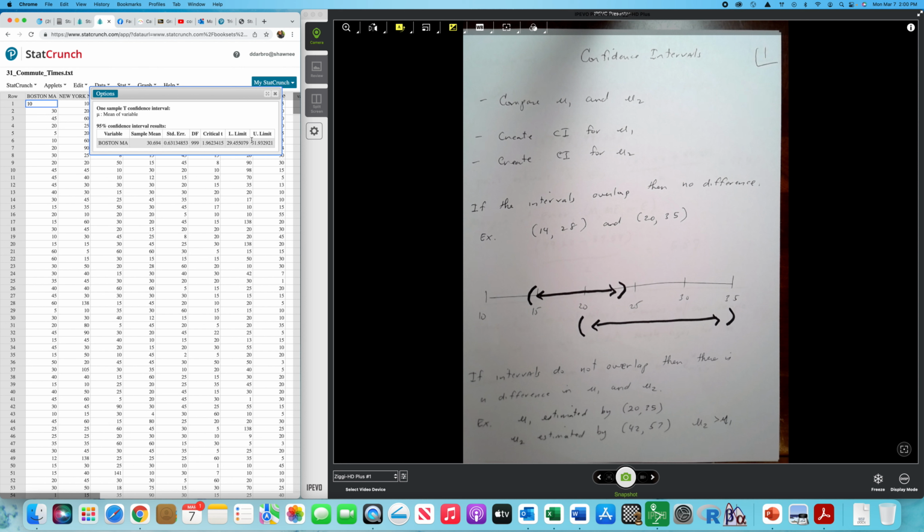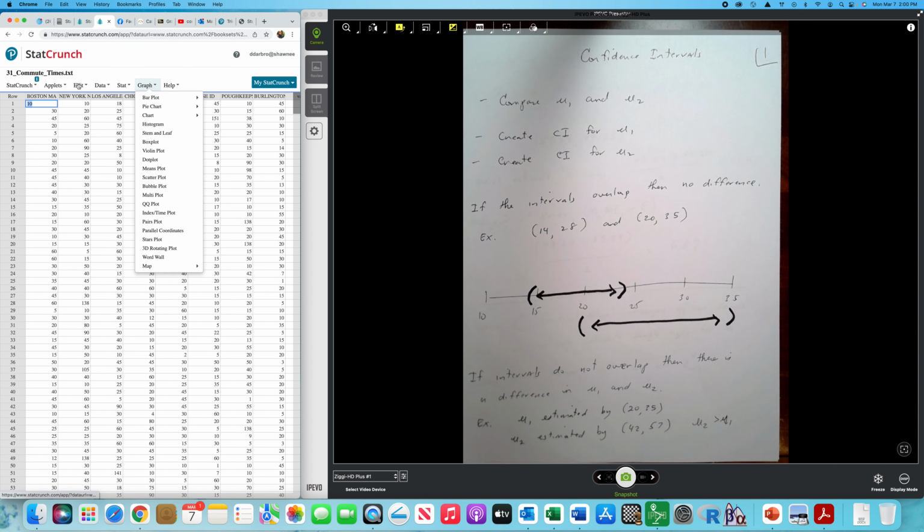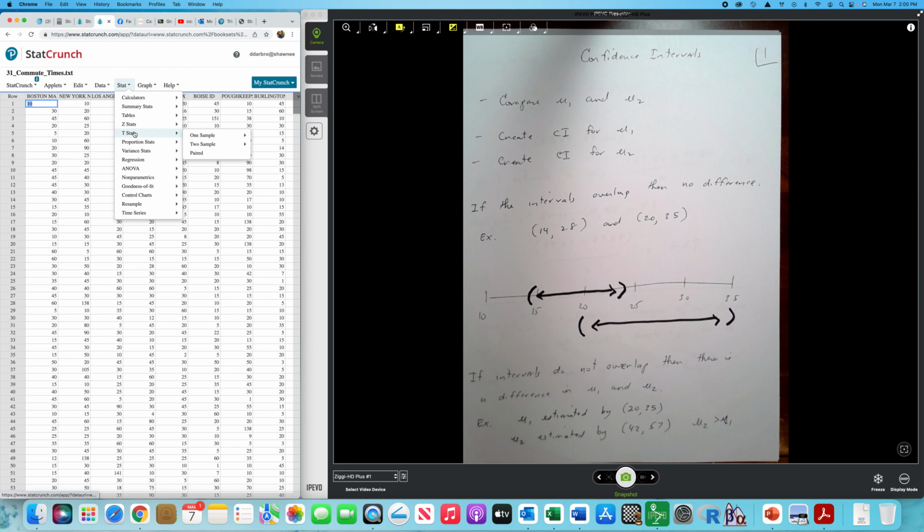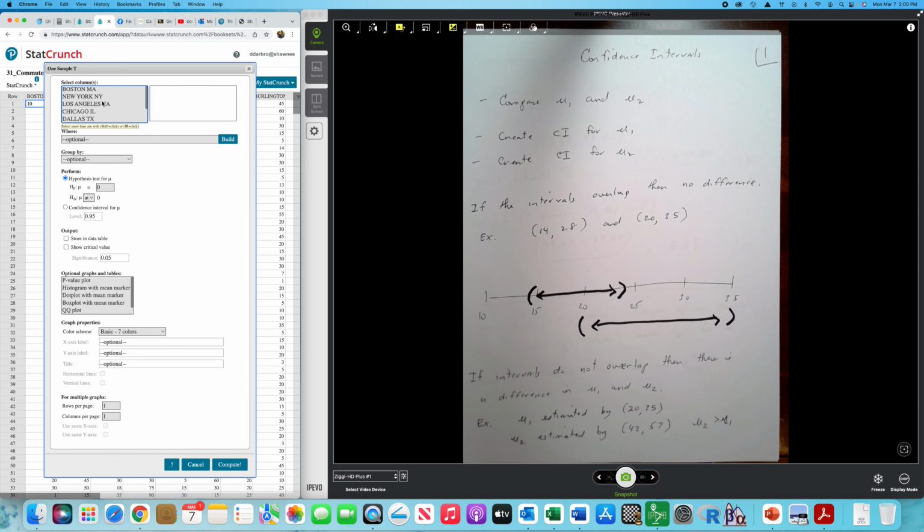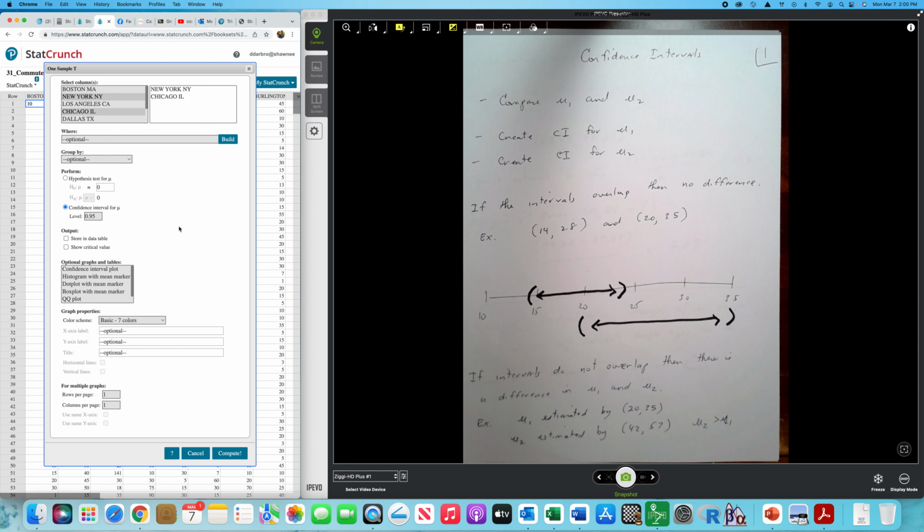So there's a 0.95 probability, or we are 95% confident that this interval contains the commute time. Now, let's say I'd like to compare New York and Chicago. So I'm going to go to T Stat, One Sample with data, and I'm going to select New York and Chicago. Select my confidence level.